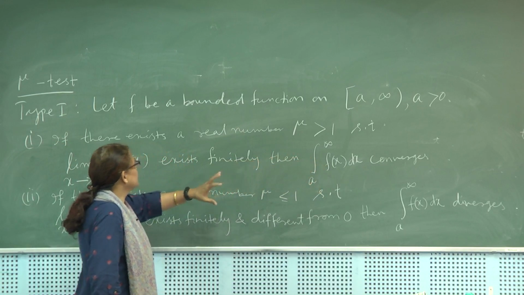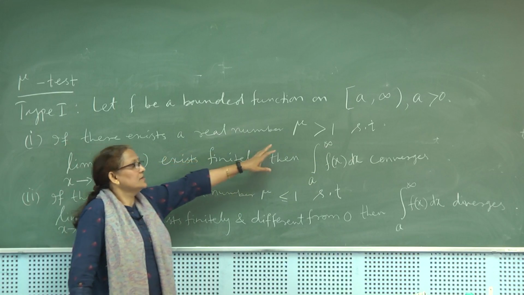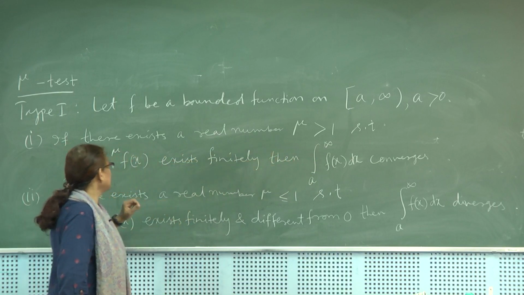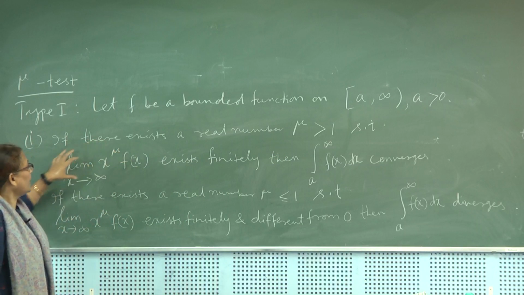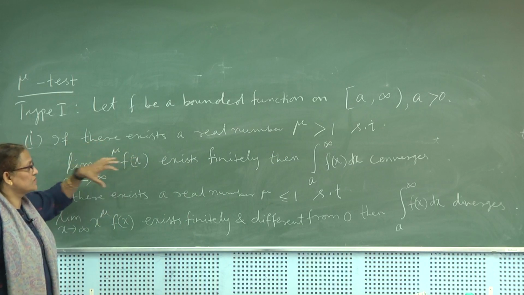So, in this first case we are testing the convergence of this improper integral. For this we should be able to get a real number mu that is greater than 1, and this limit should also exist finitely.